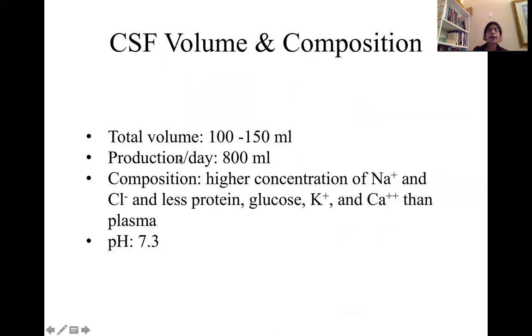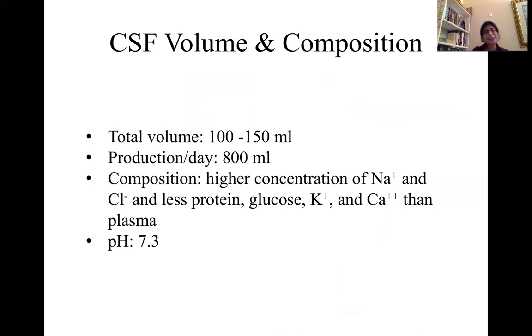All right, production about 800 milliliters, and you're talking about at any one time you would see anywhere from 100 to 150 ml in circulation. Okay, it's constantly being made as it is constantly being removed. So per day, it's about 600 to 800 milliliters.